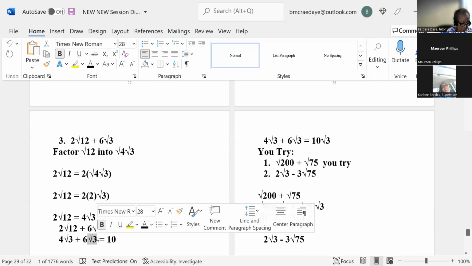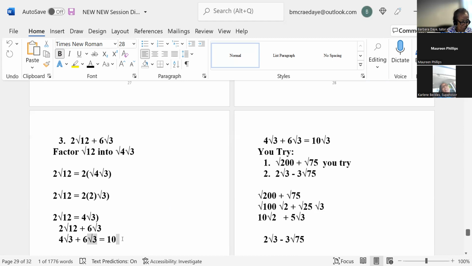Oh, I see. Remember I said sometimes you've got to simplify your radicals in order to add or subtract the radicals. See, I can't add a square root of 12 and a square root of 3, but we can factor the square root of 12 into square root of 4 times square root of 3, and the square root of 4 is a 2.